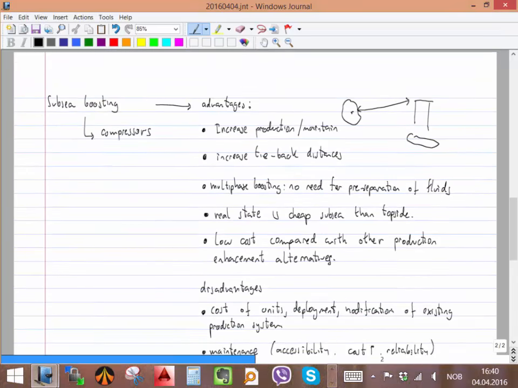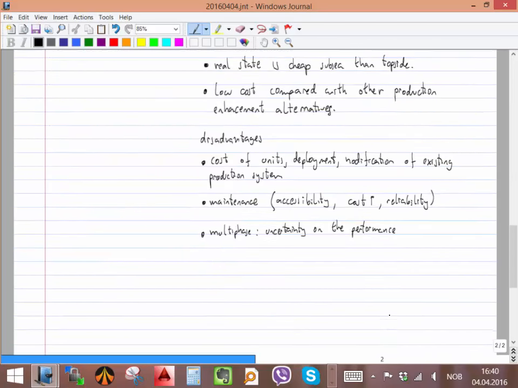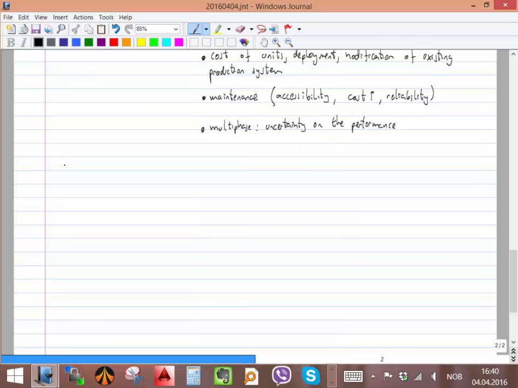Okay, so roughly those are the advantages and disadvantages. Now, in boosting in general, there are two boosting principles, two principles to increase the energy of a stream.